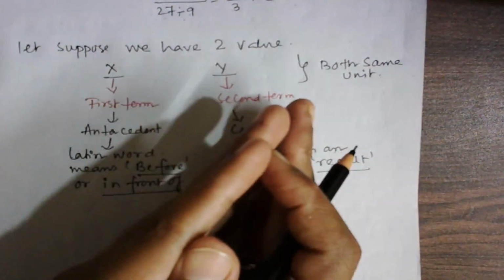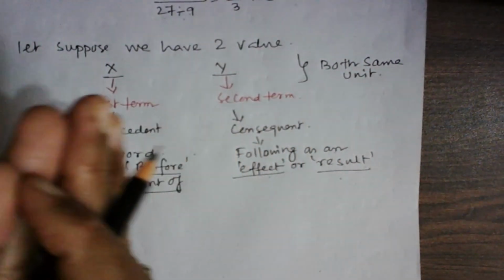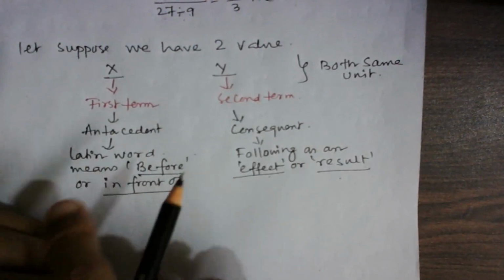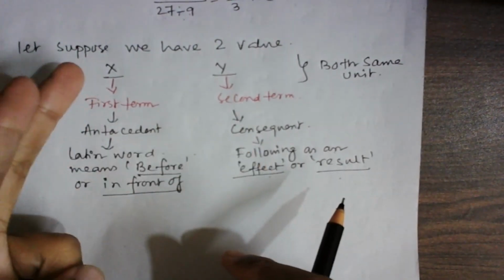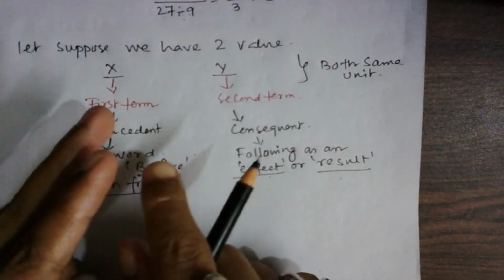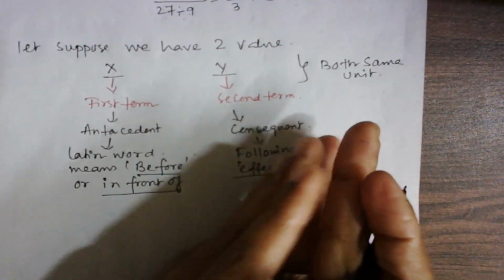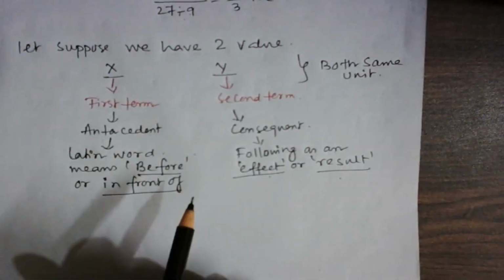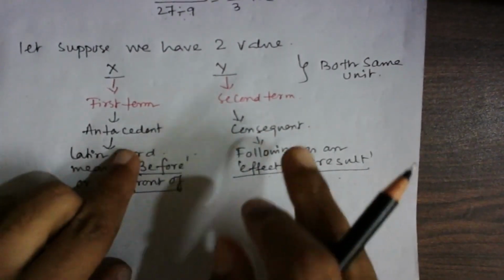The consequent is represented with respect to the antecedent. For every 2 pens we have 4 pencils. So pencil is signified with respect to the pen we have. This is what antecedent and consequent mean.